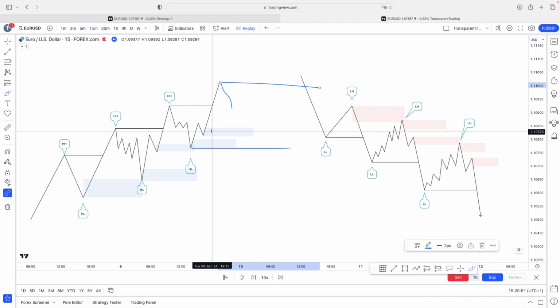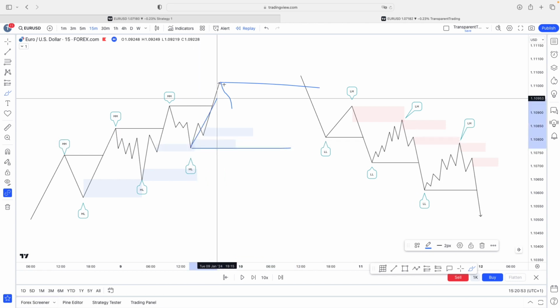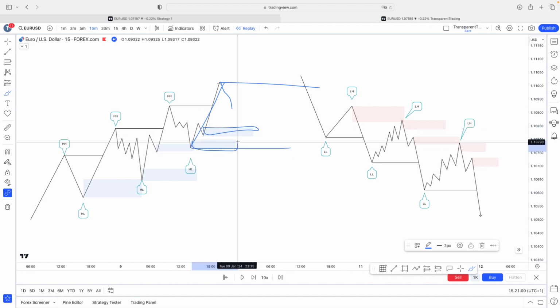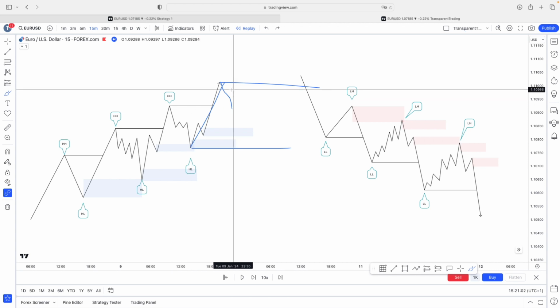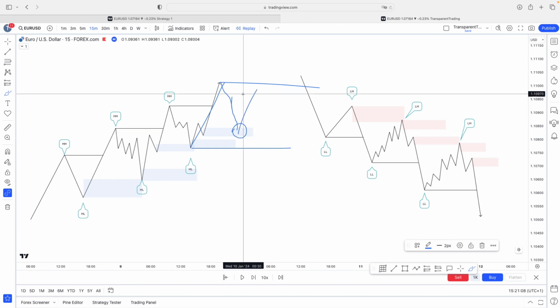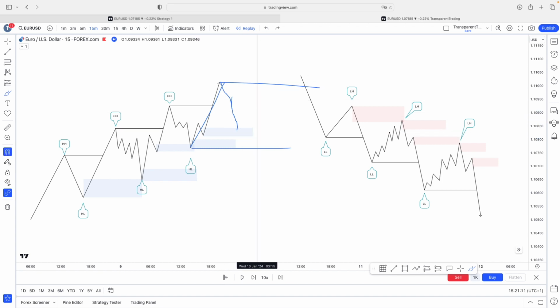And where demand stepped in to break that structure to the upside was here in this demand zone and here at the extreme demand zone. So then we can wait for price to come down into one of these demand zones, look for our entry model to target that weak swing high again.